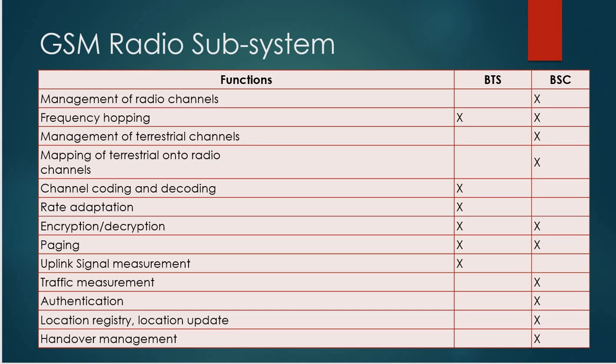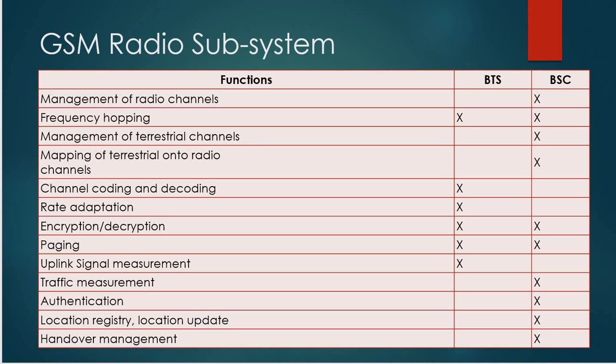Channel coding and decoding is done in the BTS itself. Encoding and decoding is part of the encryption, and rate adaptation is also done in the BTS. Encryption and decryption, also part of encoding and decoding, is done in the BTS. Uplink signal measurements are also in the BTS.